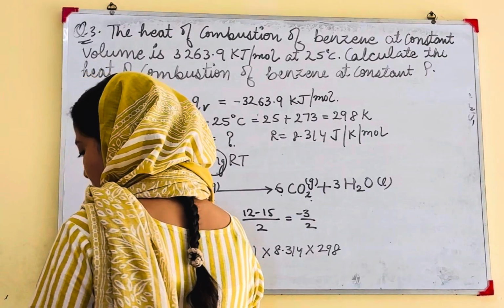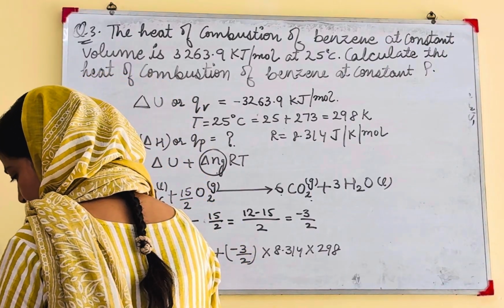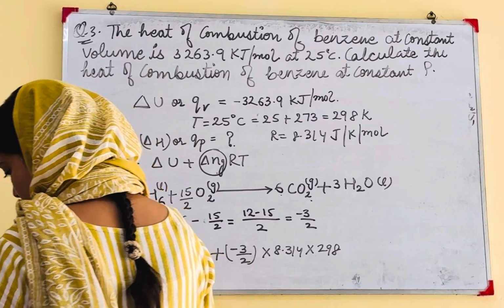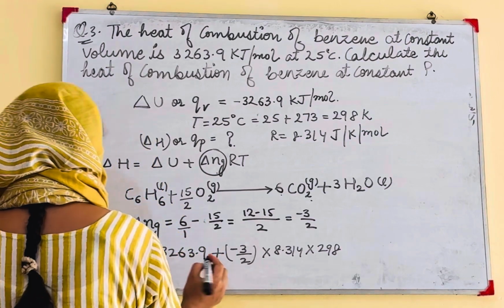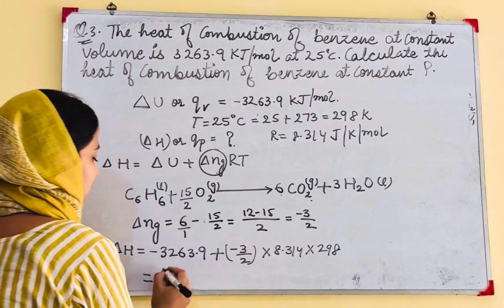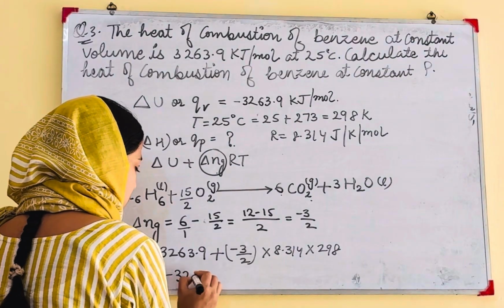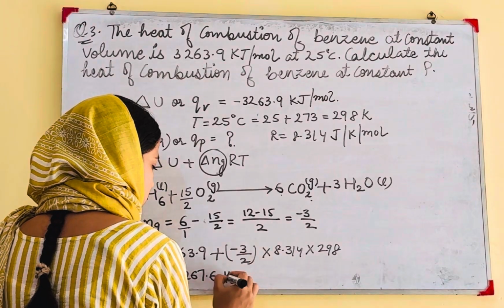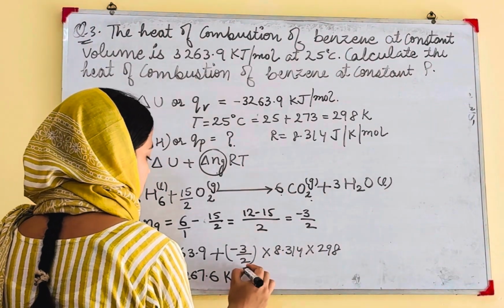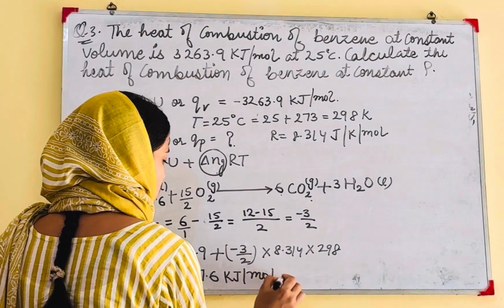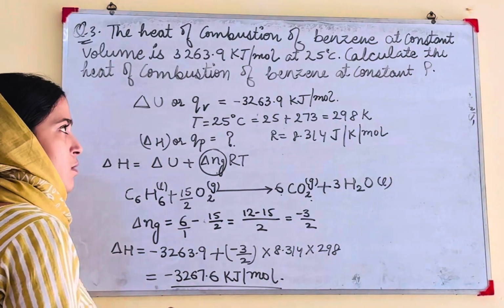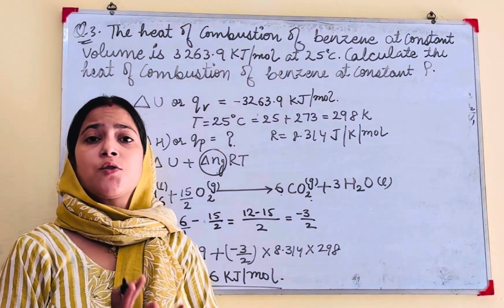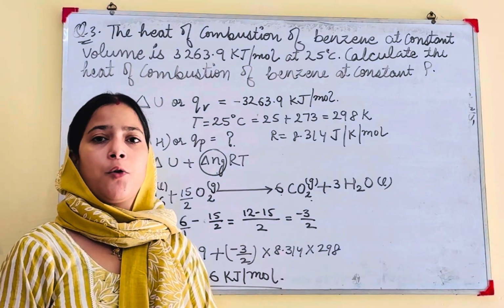On solving this complete expression, you will get 3267.6 kilojoule per mole. That's all. You can also solve such numericals from your book.